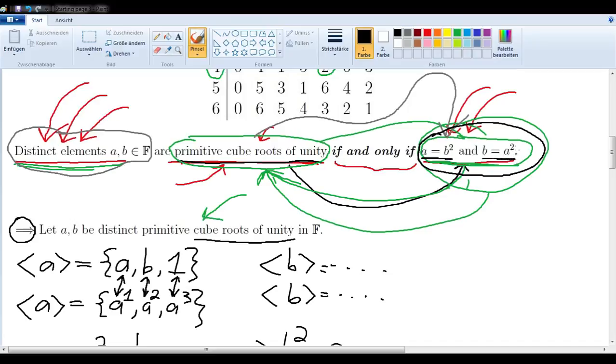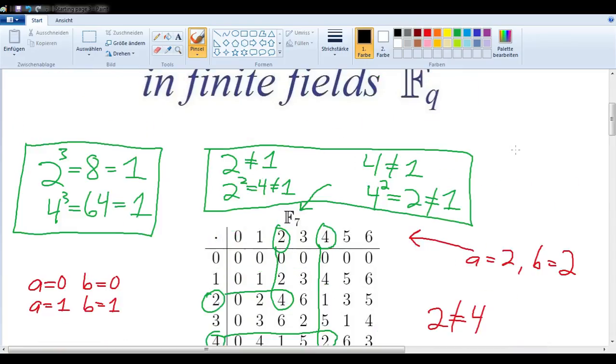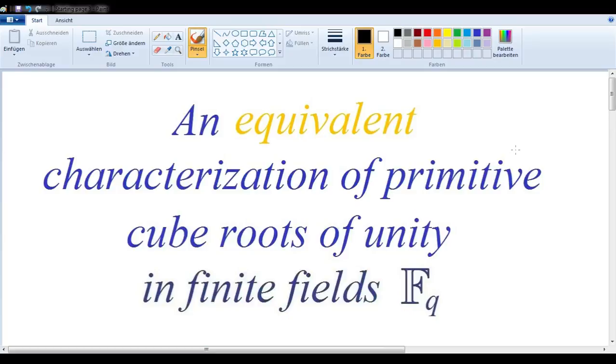So that's maybe something interesting to know. And our theorem told us that, although at first sight you might think it tells us nothing about R. But indeed it does. So that was the equivalent characterization of primitive cube roots of unity in all fields.